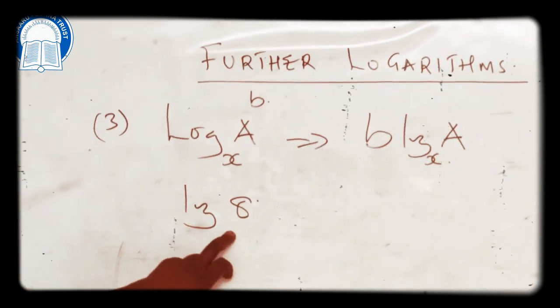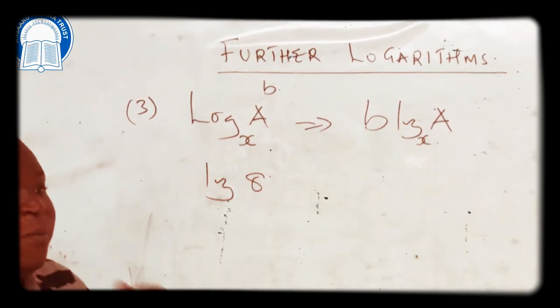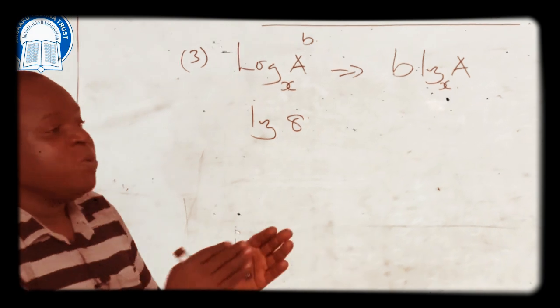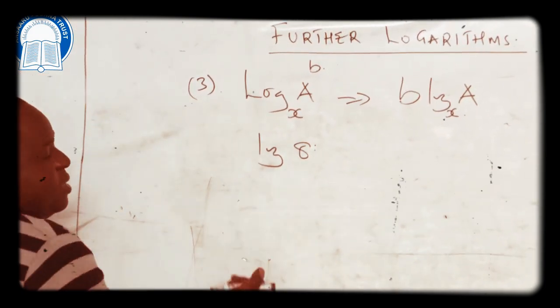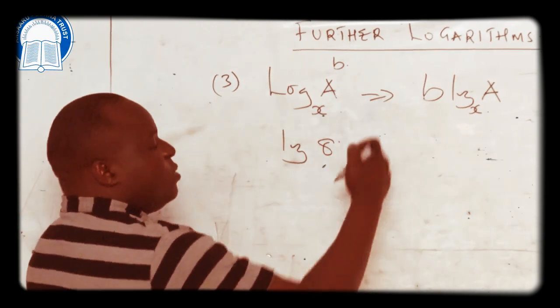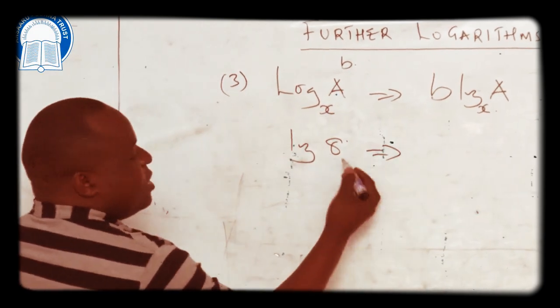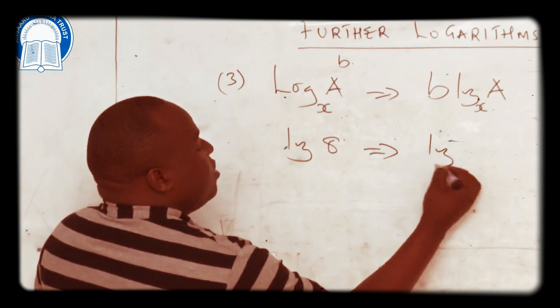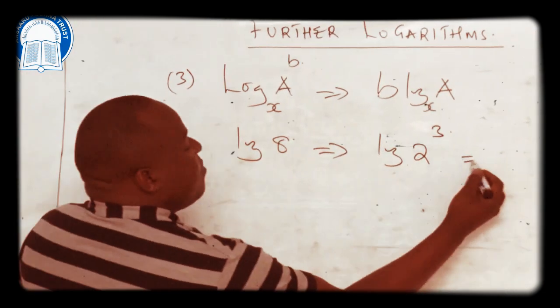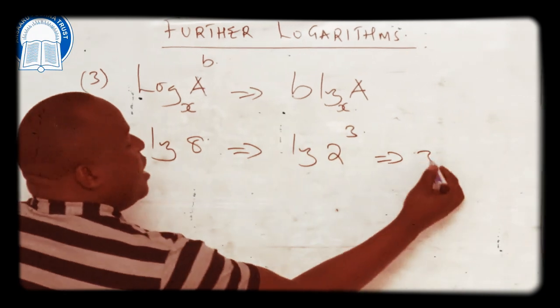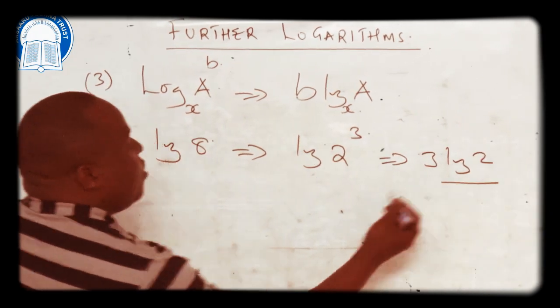Written in this form, it can be used to solve some other things later on. So log 8 can be written in terms of 2 raised to 3. This is the same as log 2 raised to 3, which is the same as coefficient 3 log 2.